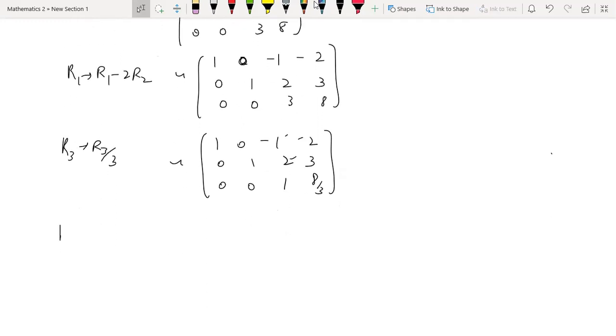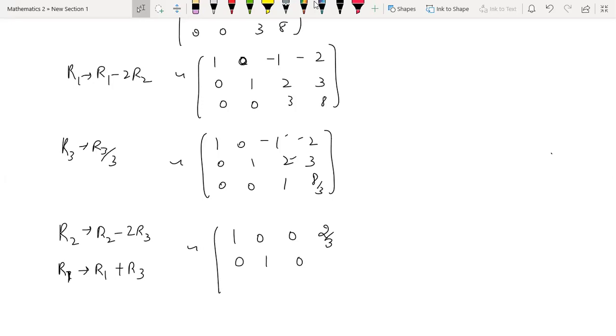So the operations are R2 changes to R2 minus 2 times R3, and R1 changes to R1 plus R3, right? So 1, 0, minus 1 plus 1 will be 0, minus 2 plus 8 by 3. So minus 6 plus 8, it's 2 by 3.